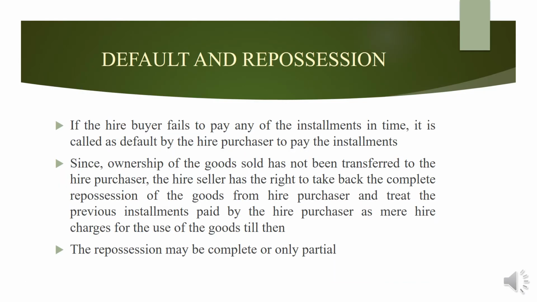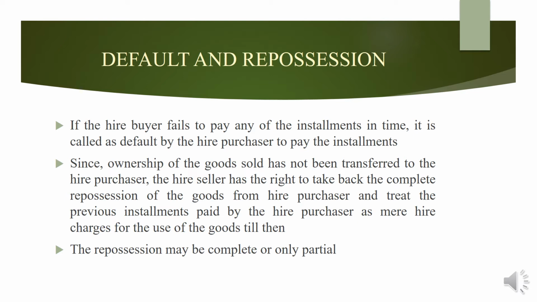Before discussing the accounting treatments under partial and complete repossession, let us discuss what default and repossession are. If the hire buyer fails to pay any installment in time, it is called default by the hire purchaser. As we discussed earlier, till the last installment is paid, the ownership of the asset lies with the hire seller.